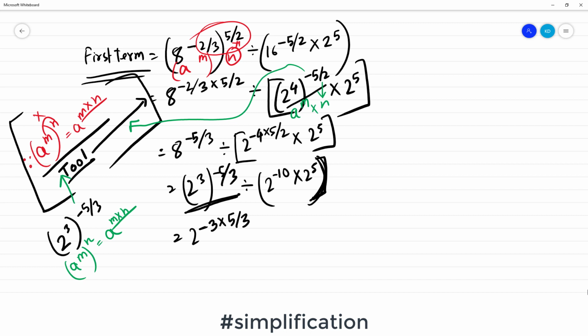So here we get this point. This minus will be here, this minus.